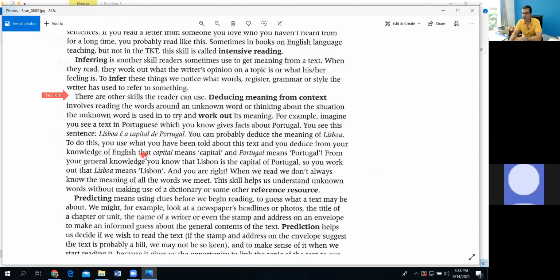You can go through that, but I will make you understand simply. This is the method we usually apply. When we do not understand the meaning of a word, we try to understand the meaning from before and after the words used in the sentence. So we try to figure out the meaning of that particular word. That is called deducing meaning from the context. Is that clear?